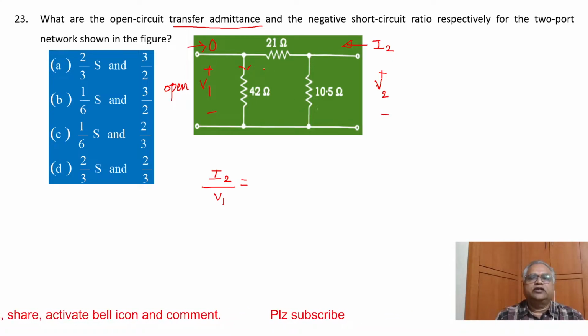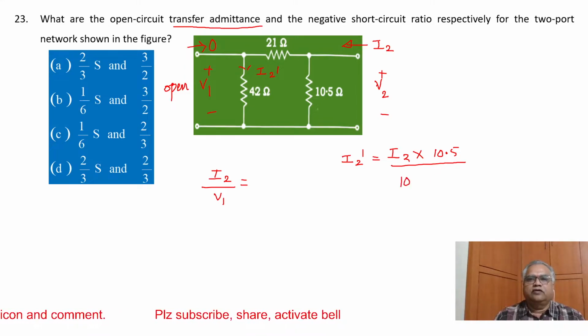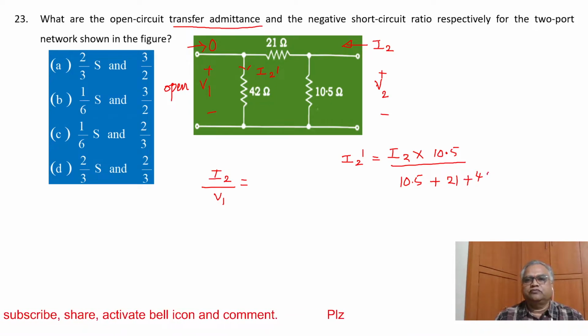So this current is, call it as I2 prime. So what is I2 prime value? Incoming current I2, opposite resistance 10.5 by 10.5 plus 21 plus 42.